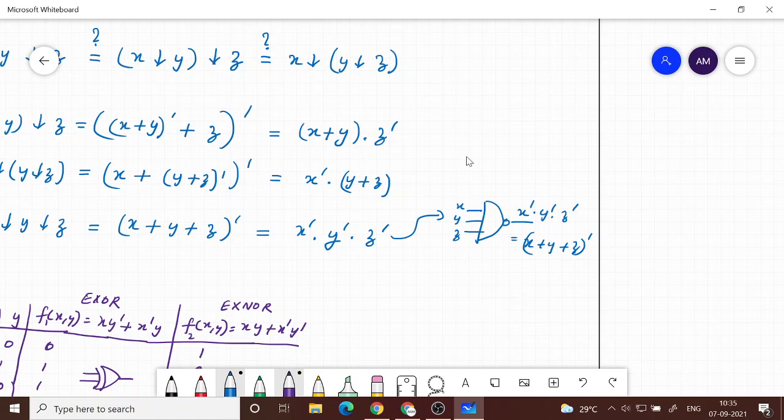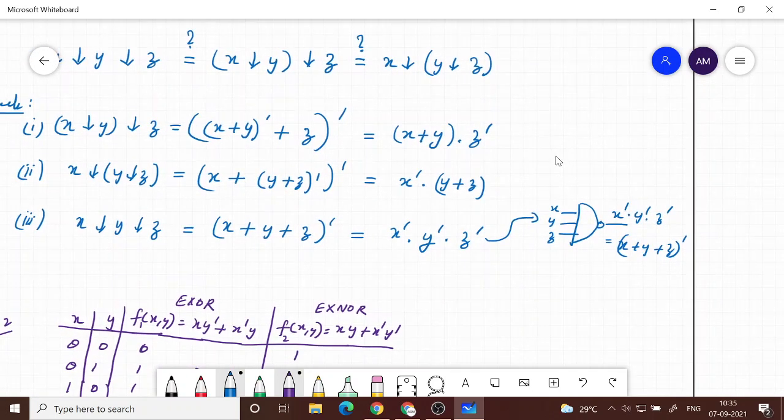Okay, here we did the NOR gate with x and y, and then we did another NOR gate. What we get is basically x plus y.